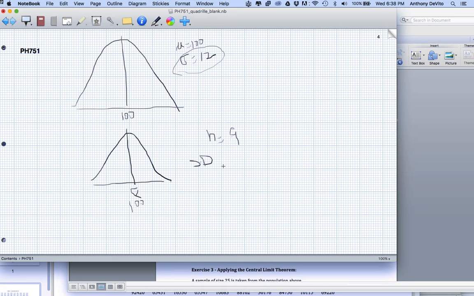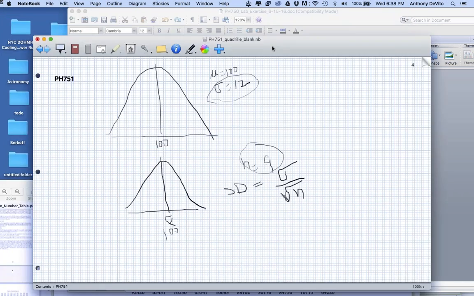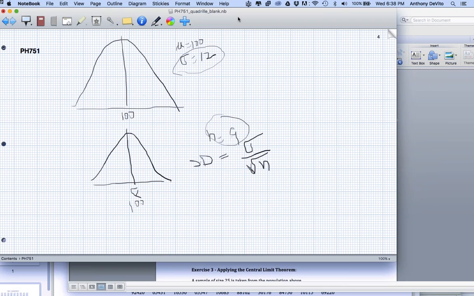I'm going to teach you a trick over here. The standard deviation is dependent on the sample size. With sample size 9, the standard deviation is equal to the standard deviation of the population divided by the square root of the sample size. Before, I think the standard deviation was 9 for that population.